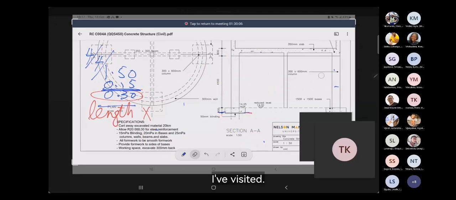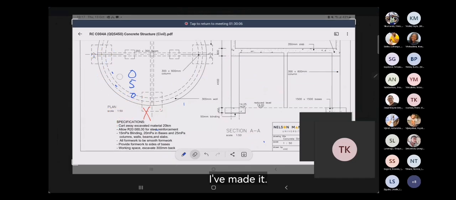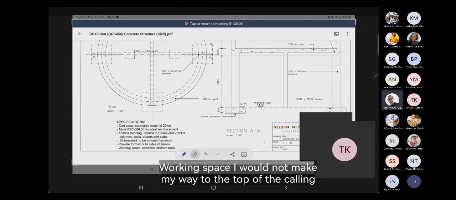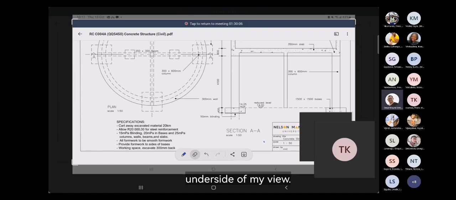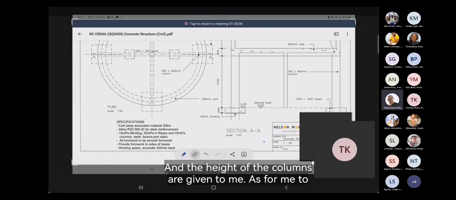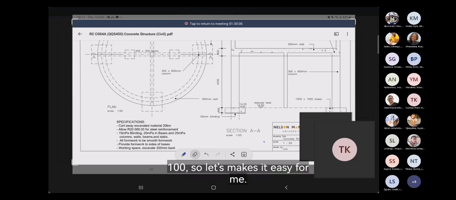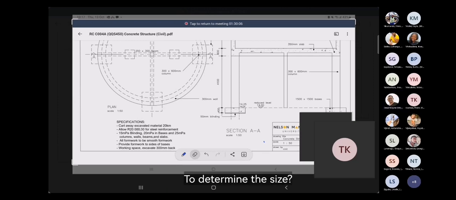I've measured my base, the blinding, the formwork, and the working space. I will now make my way to the top of the column, and I still measure the columns to the underside of my beam. The height of the columns is given to me as 4 meter 100, so it makes it easy for me to determine the size.